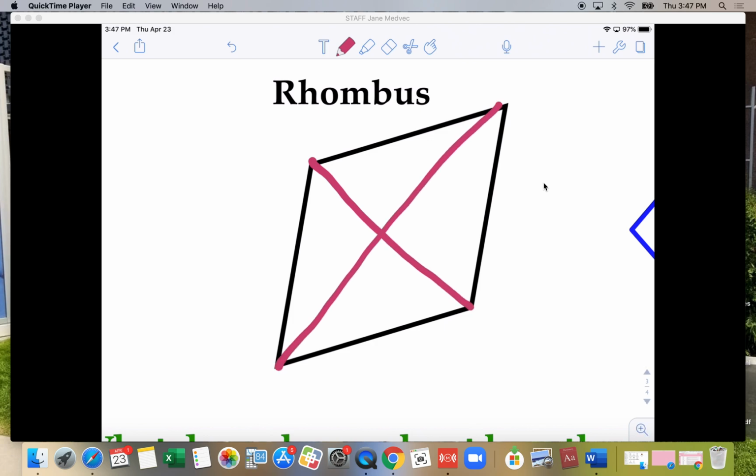And if you remember back, I know it's a rhombus because all sides are congruent. I also know that the diagonals of the rhombus are perpendicular, and I know that they bisect each other. So that is something you'll need to review about a rhombus.